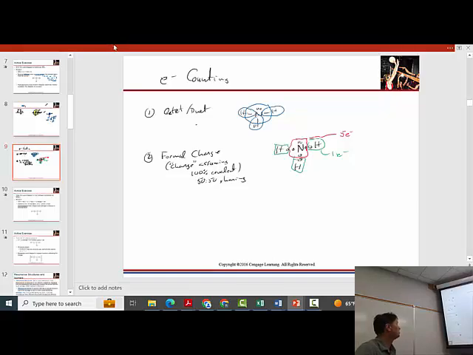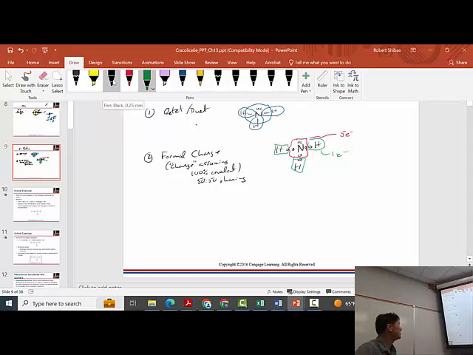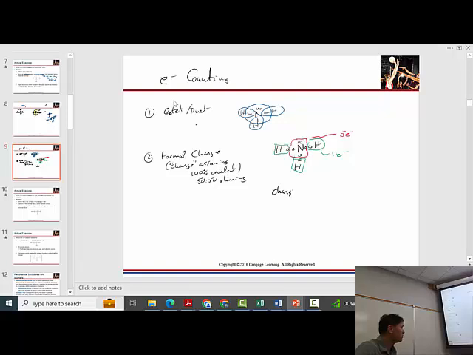So the charge is the difference between what it has and what it's supposed to have. And so the charge is equal to what it's supposed to have, minus the number of electrons in the structure.